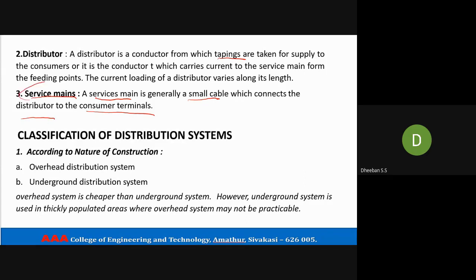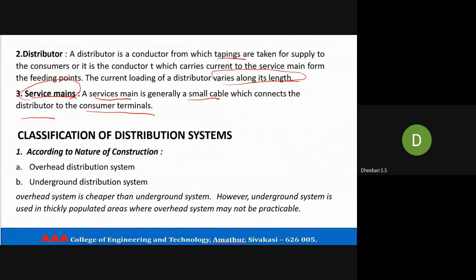Those distribution boxes contribute to your service mains. The current loading in the distributor will vary based upon the length, so the current value also will be changing. You'll be seeing about this in your unit 2.